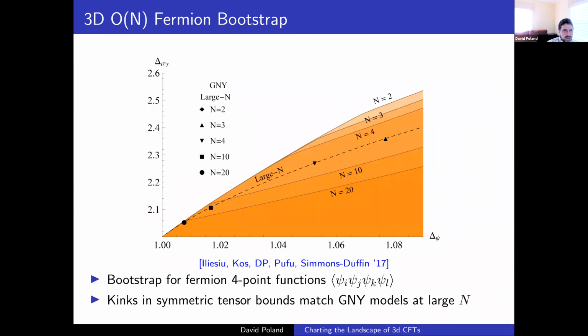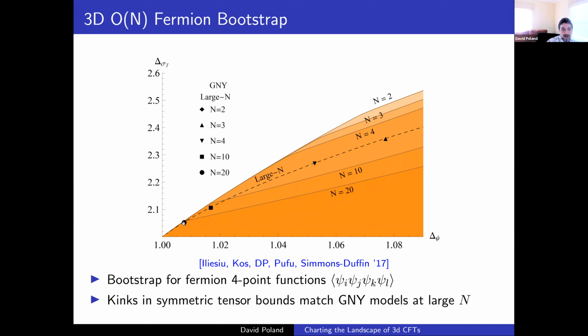So you can place bounds on these various sectors using the bootstrap techniques. Here's the bound on the leading parity odd 2-index tensor for different values of n. And these bounds have an interesting structure. They start at the free values, they go up, and then they have a kink in them.